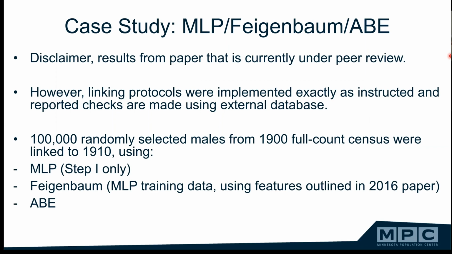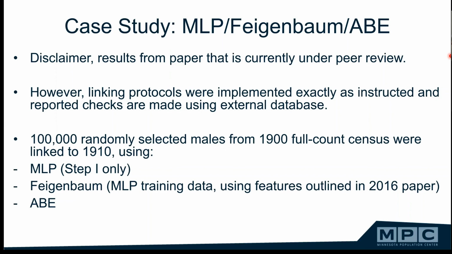So the last 10 minutes I will spend on, and this is again also in the paper, a case study that we did because, of course, it's relevant to understand how our algorithm compares to other existing and frequently used algorithms and data that's out there.